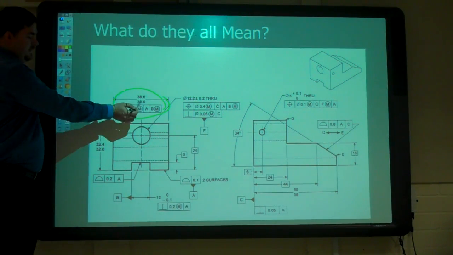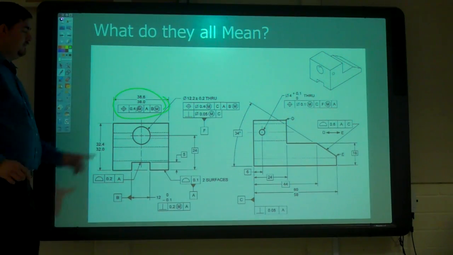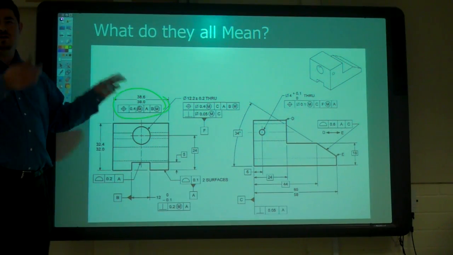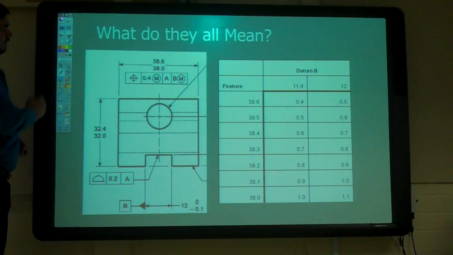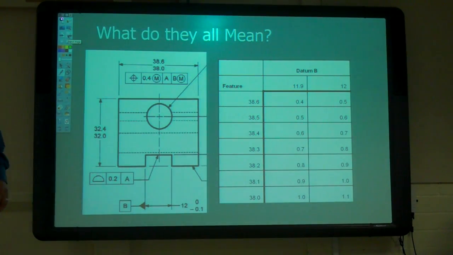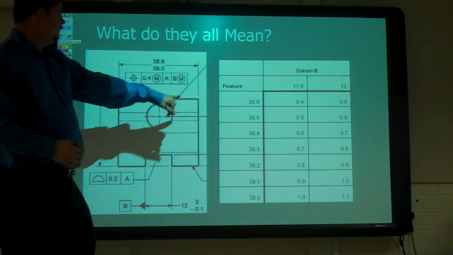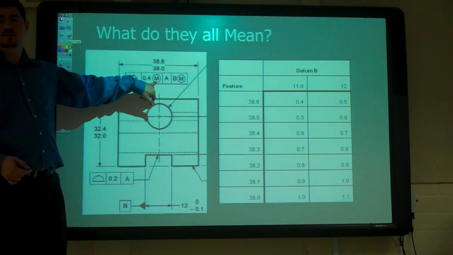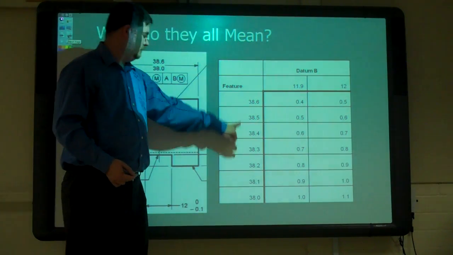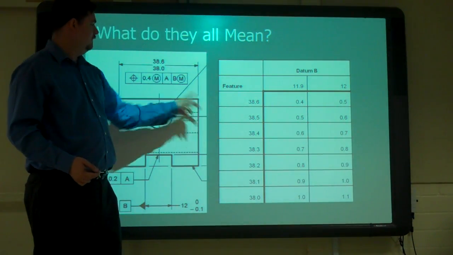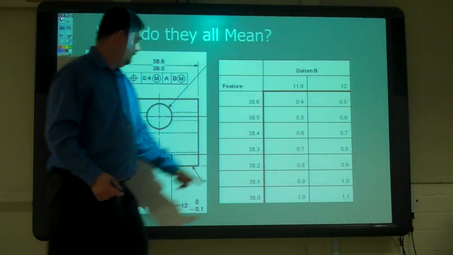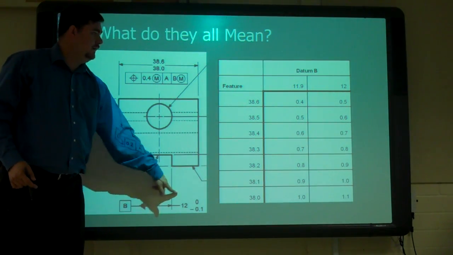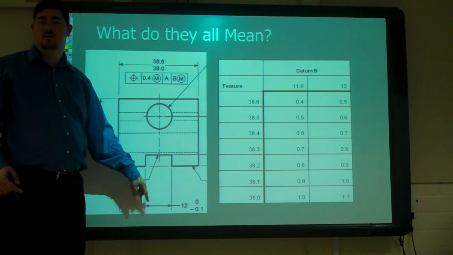So on the last example, we just had the M here. Now they have two M's. Now we're just going to have a bigger table. So now we have the feature driving this M, so the feature sizes that we have possible, and then datum B and its sizes we have possible.